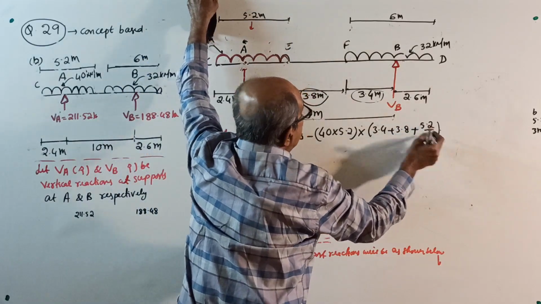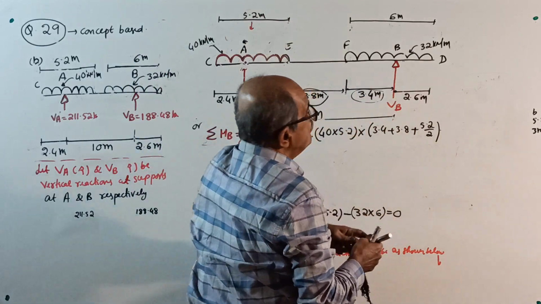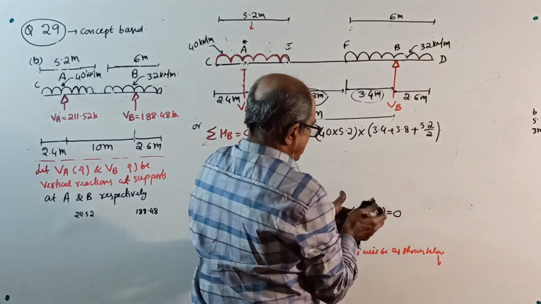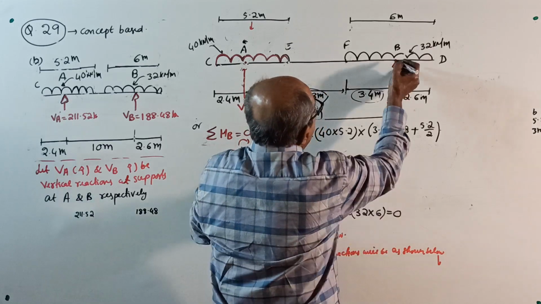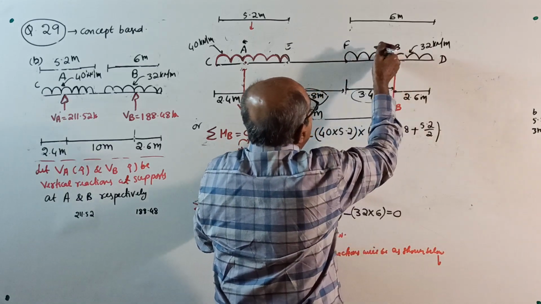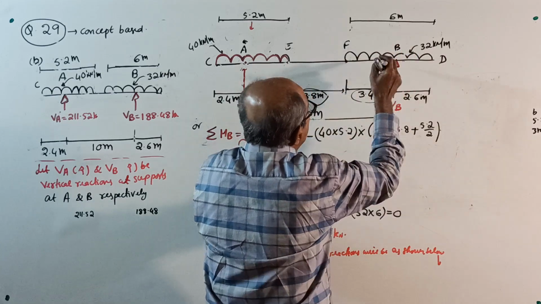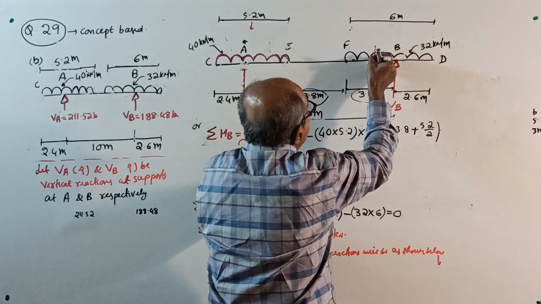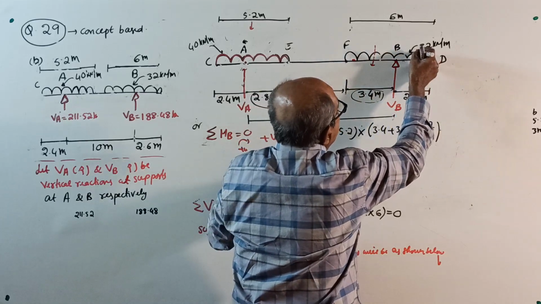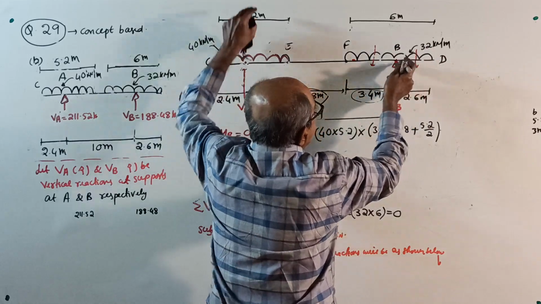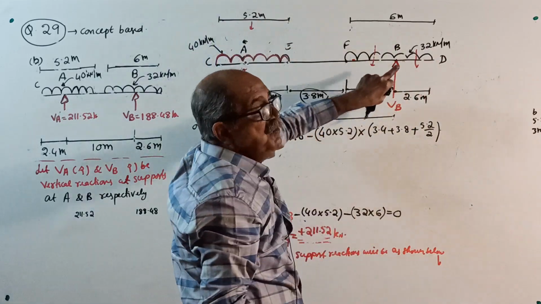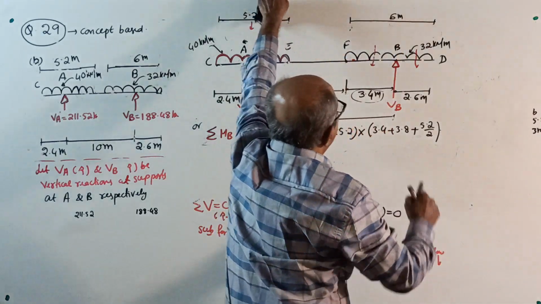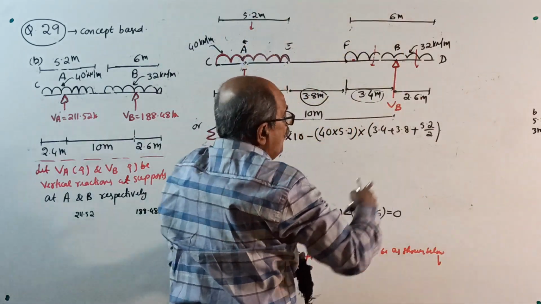This is no problem, but when you come to this full UDL, the load from F to B, if you split into parts, the left side load is acting here, the right side load is acting here. The load on the left of B will create anticlockwise moment. The load on the right side will create clockwise moment.